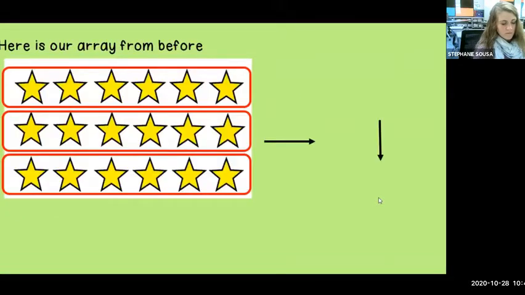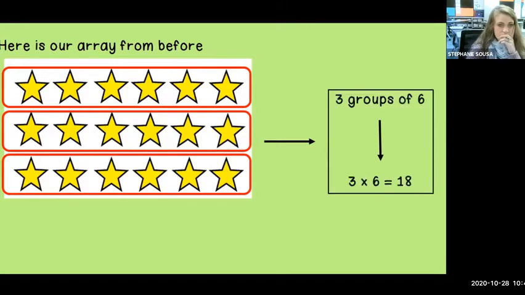This is our array from before. We know that this array has 3 groups of 6. Now remember, the X sign for multiplication really is just saying groups of. So 3 groups of 6 becomes 3 multiplied by 6. 3 groups of 6 equals 18.